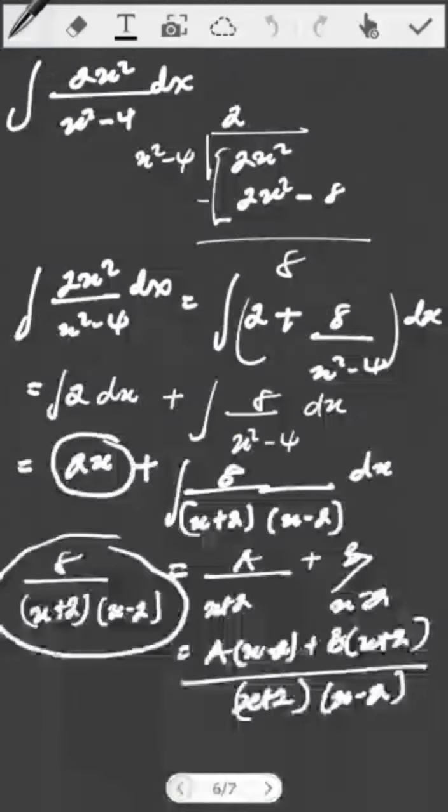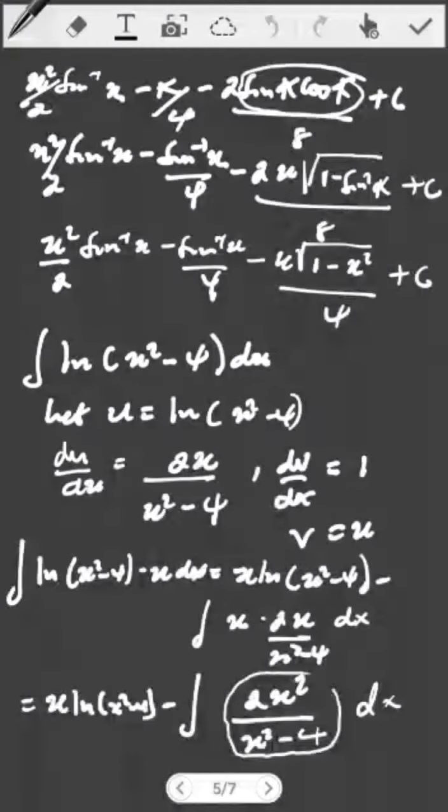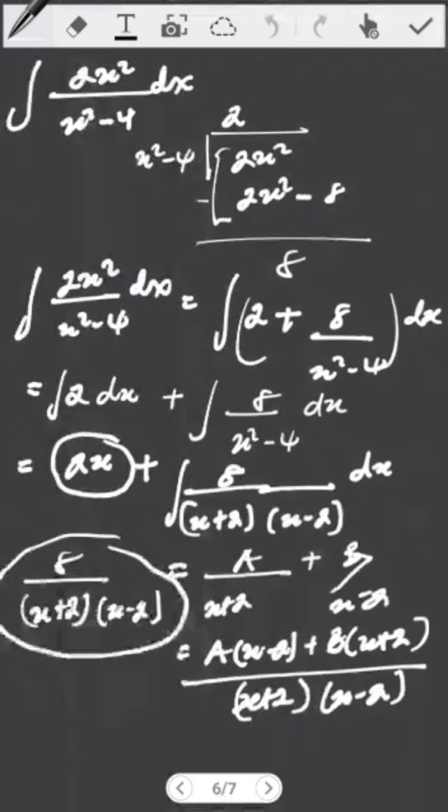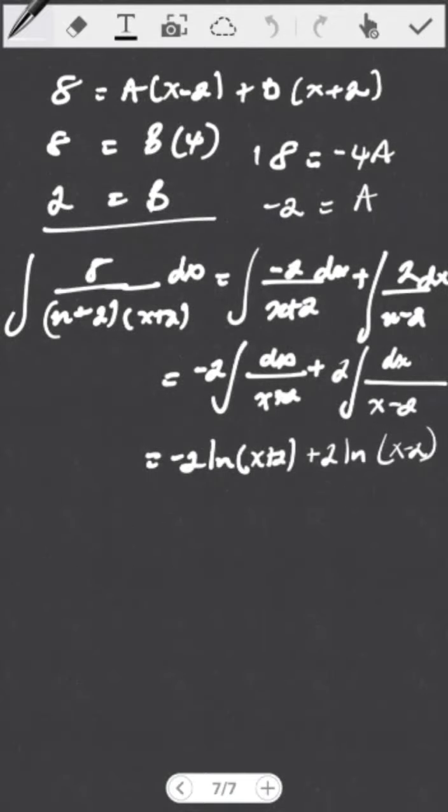I'm going to come here and start collecting. For our first integration, we're having x, which we came from here and then worked out. So this is going to be x ln of x squared minus 4. The whole overall thing will be equal to x ln of x squared minus 4.